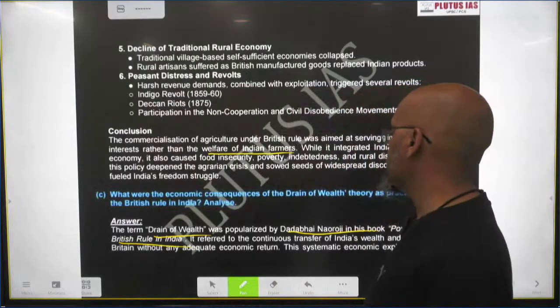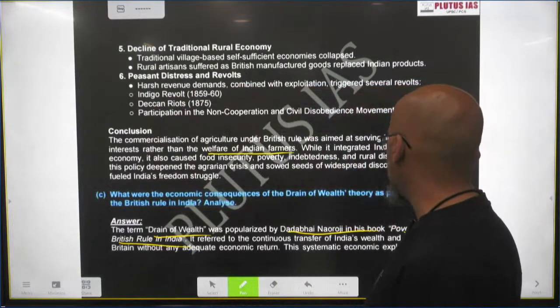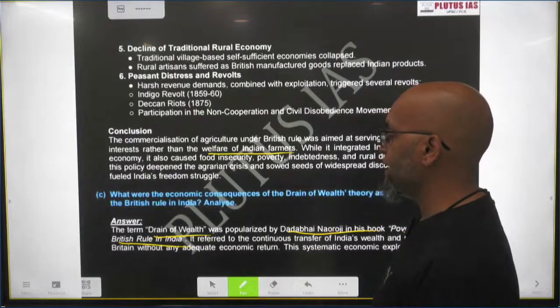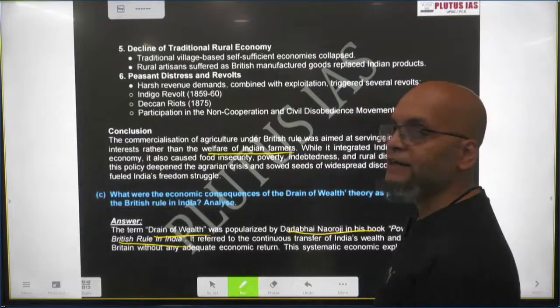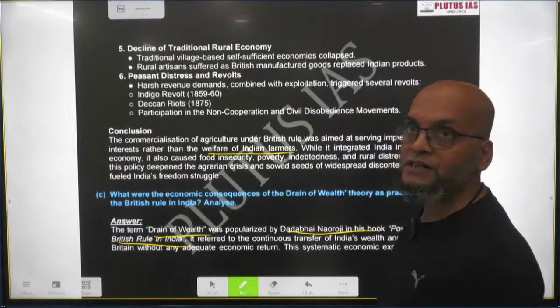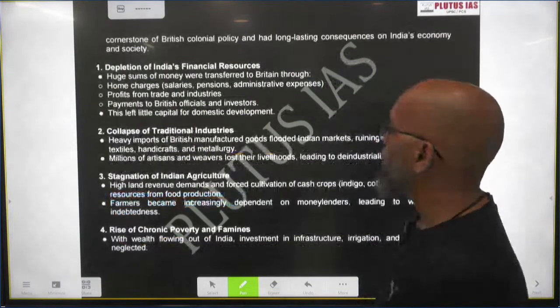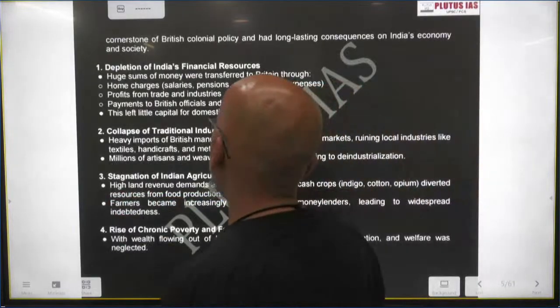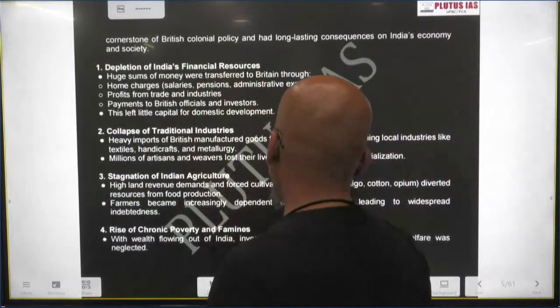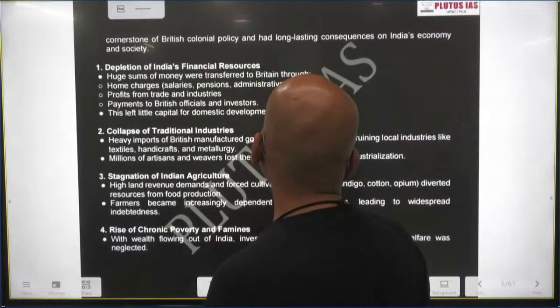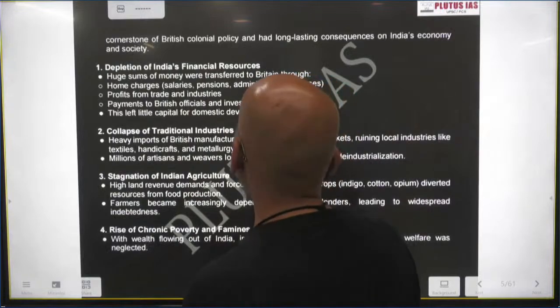It referred to the continuous transfer of India's wealth and resources to Britain without any adequate economic return, and that's what Britishers did. This systematic economic exploitation was a cornerstone of British colonial policies and had long-lasting consequences on India's economy and society.